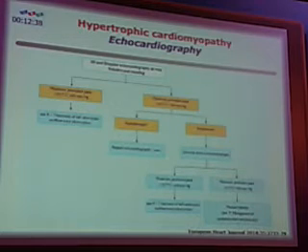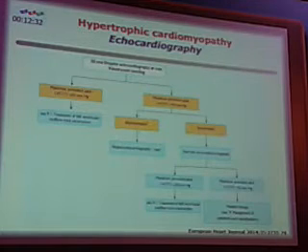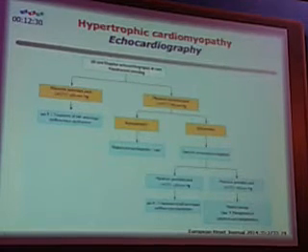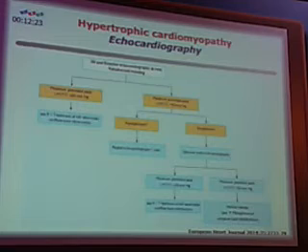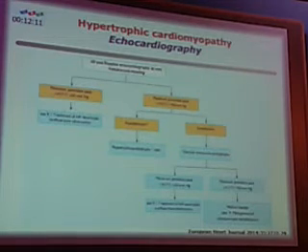This is the main classification according to the guideline. That's why I presented this question to you, because the number 50 is very important for your decisions. And algorithmically, you can then take some decisions according to symptoms. If the patient is symptomatic or asymptomatic.